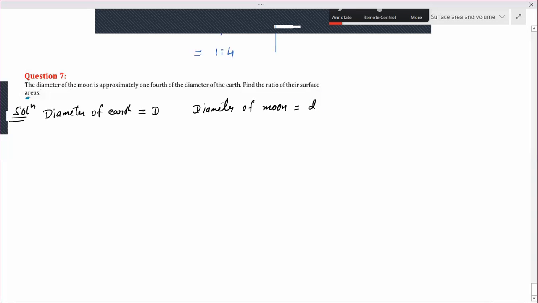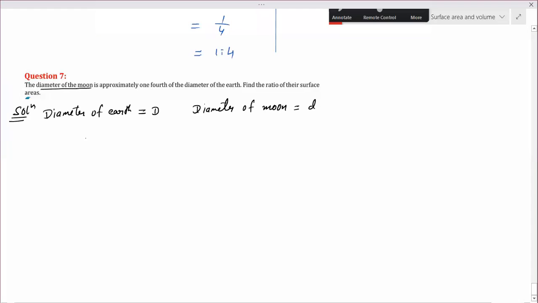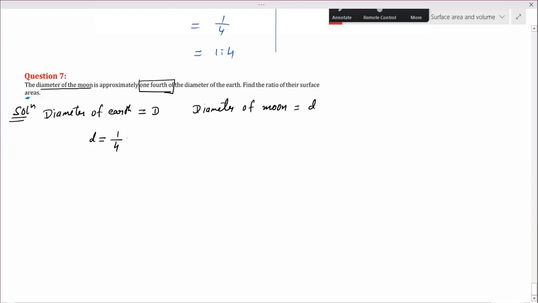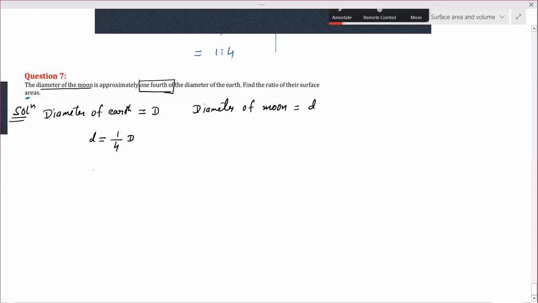Now we have given that the diameter of the moon is approximately 1/4, so that means 1 by 4th of capital D. So we can simply write d is equal to D by 4.